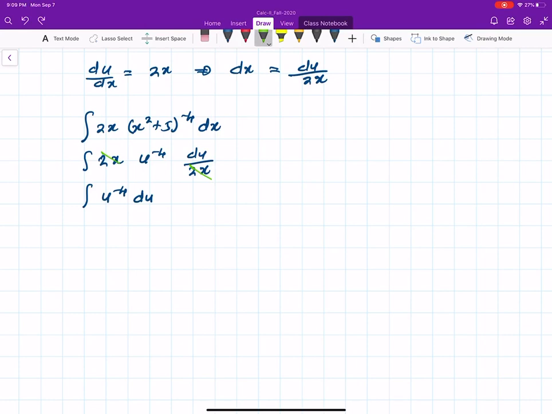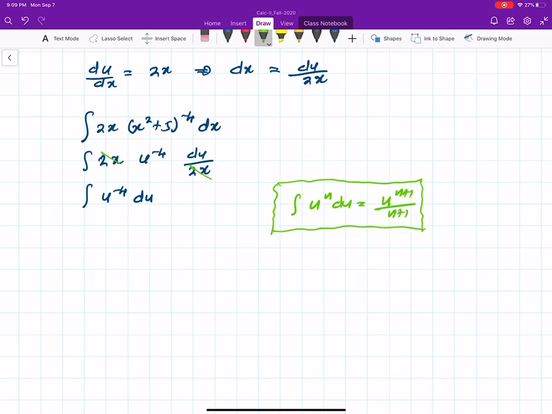If you can remember the power rule, it should be the integral of u to the power n du. You're going to use the power rule for integration. If you use the power rule here, it should be u to the n plus 1 over n plus 1. You learned this early.